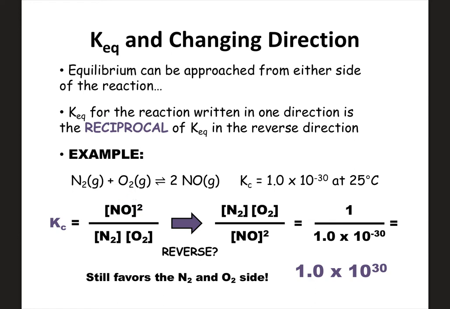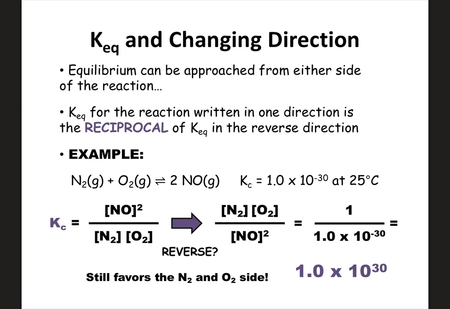If I wanted to reverse that reaction, now my products would be the N2 plus the O2, and my reactants would be the NO. If you wanted to calculate the Kc here or the KEQ for the reverse reaction, just take 1 over the 1.0 times 10 to the minus 30. So when you do that, you get 1.0 times 10 to the positive 30th this time.